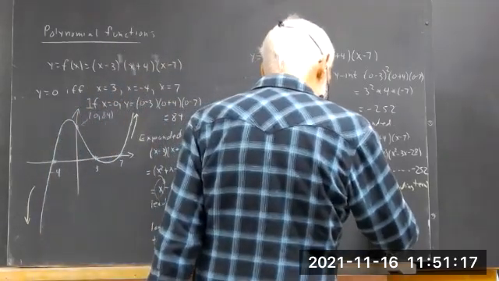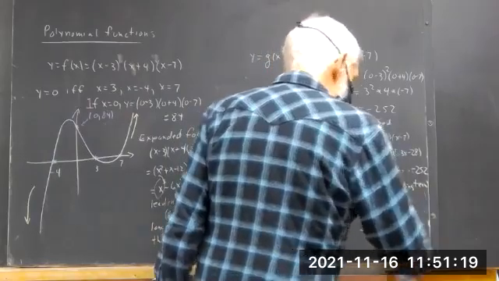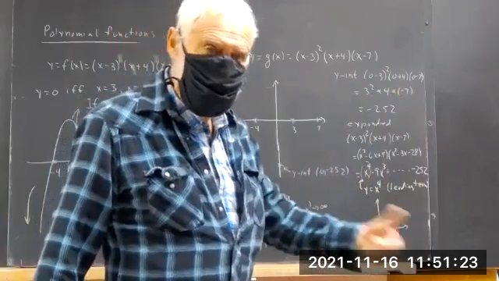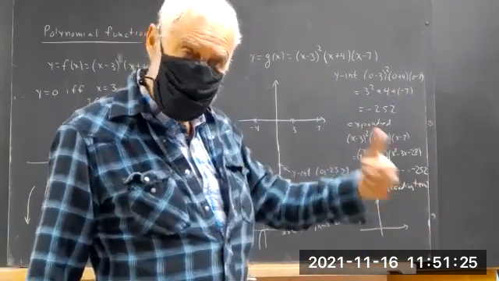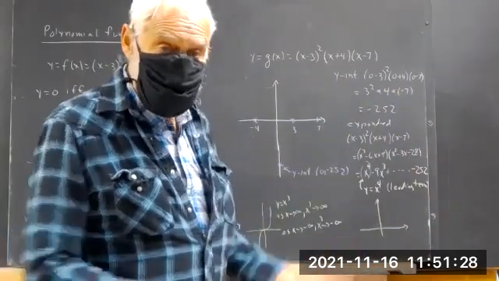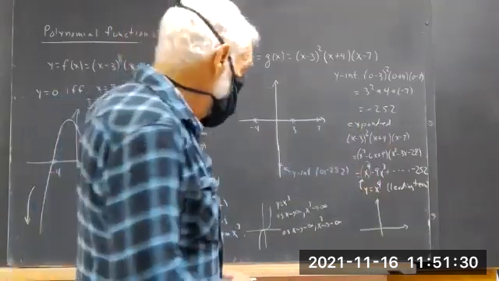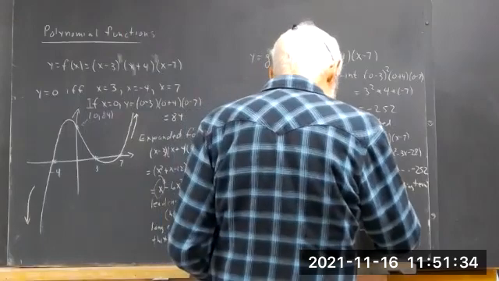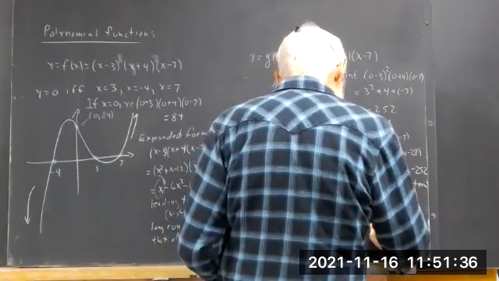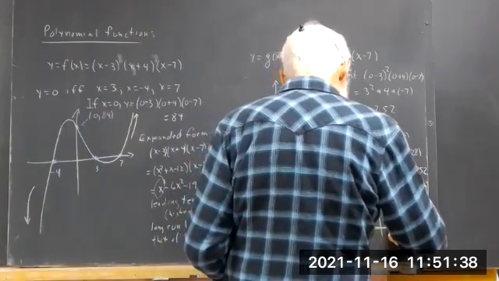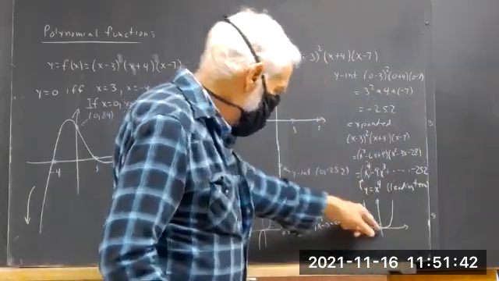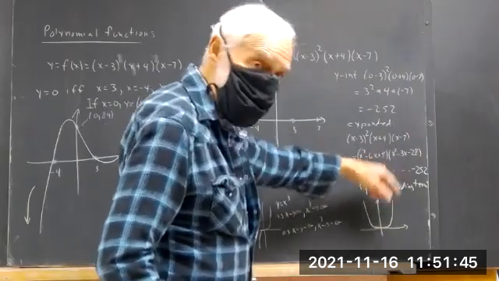Graph of y equals x to the fourth. And you can easily graph this if you use standard x values: -2, -1, -1/2, 0, 1/2, 1, 2. Plug in and construct yourself a graph. It's going to look a lot like the squaring function, except it's going to go up faster here and it's going to flatten out more here, as opposed to a parabola, which would have a much less flat vertex.